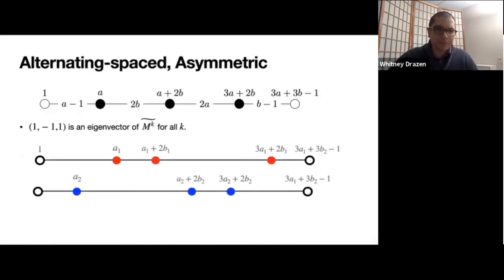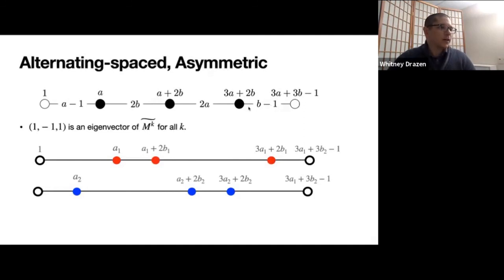Another example is something where we have an alternating spaced asymmetric example. So here our vertices are A plus 2B, 3A plus 2B, and we have a length of 3A plus 3B minus 1.